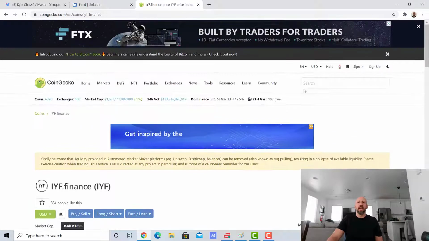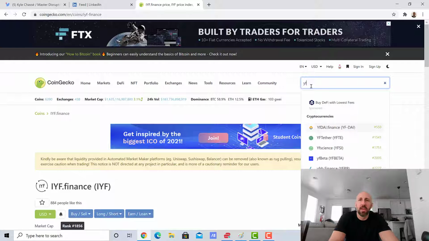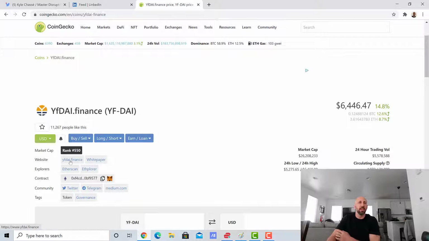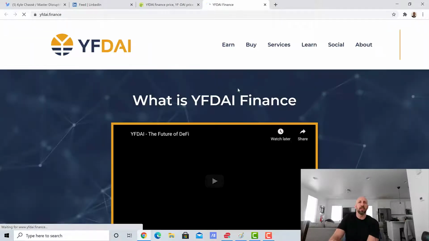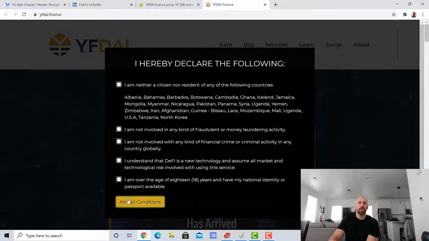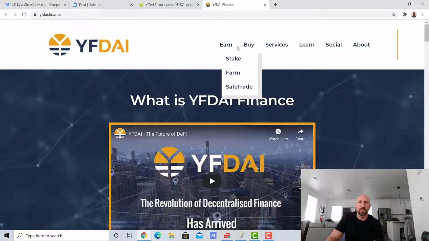And with Yfdai, right, they have Safe Swap, and their Safe Swap is supposed to protect against rug pulls like that. So they vet the tokens that are on there. Where is it? Safe Trade?